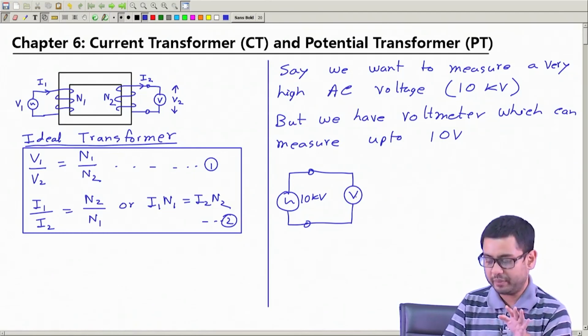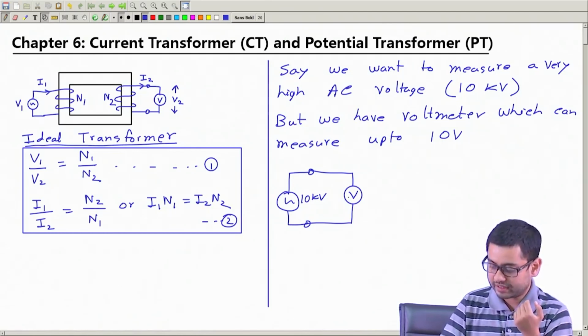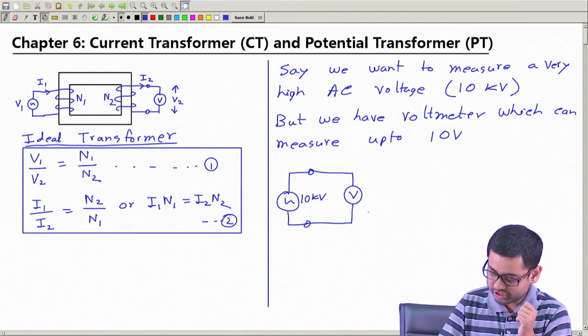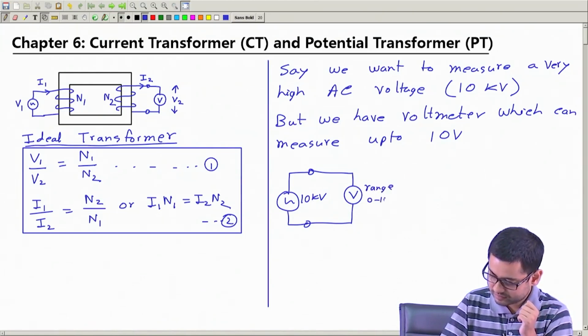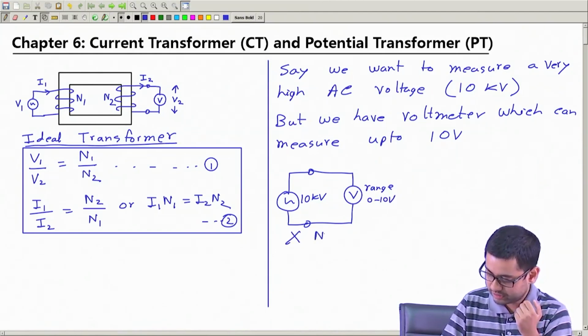Even if it is not damaged, you know that the maximum reading can be only 10 volt. So, the pointer can never indicate 10 kilovolt. So, it is not possible to measure in this way.